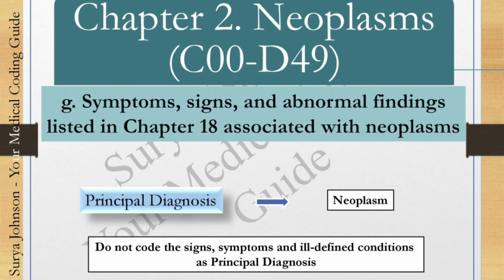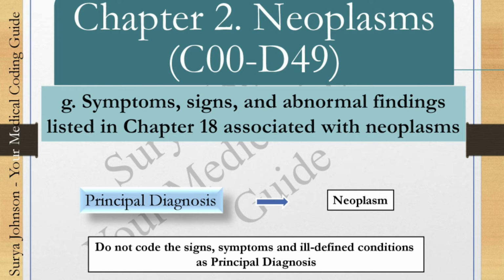So, if these are associated with neoplasm, you will code neoplasm as a principal diagnosis, and you should not code the signs, symptoms and all these ill-defined conditions from the R00 to R99 series as a principal diagnosis, because these are associated with the neoplasm. So, principal will always be the neoplasm in this scenario.